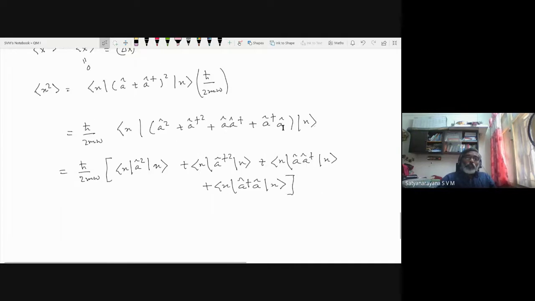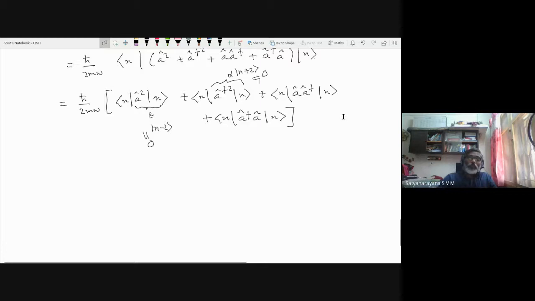Now notice that a²|n⟩ is proportional to |n−2⟩, because a will reduce n to n−1 and n−1 to n−2. And ⟨n|n−2⟩ will be 0, and hence this term is equal to 0. Similarly, a†²|n⟩ is proportional to |n+2⟩, and ⟨n|n+2⟩ is also equal to 0. So this term is equal to 0. The first two terms do not contribute.